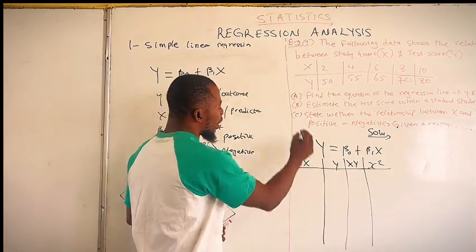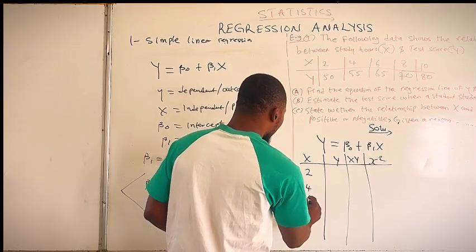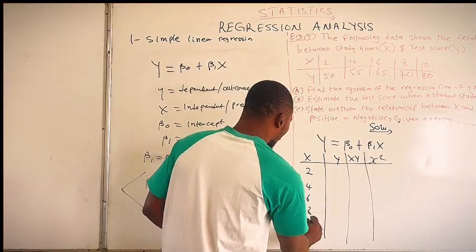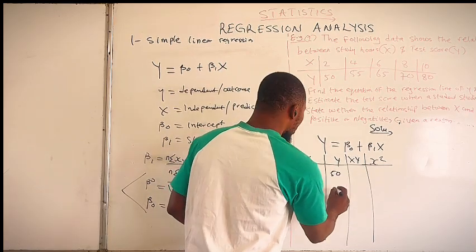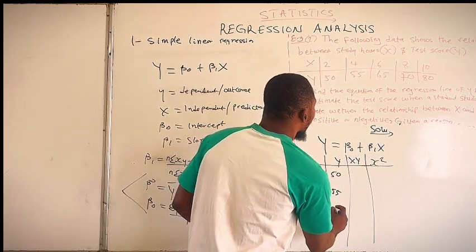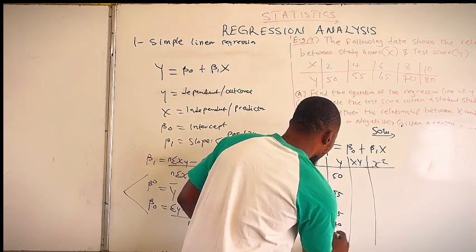From the question, our x values are 2, 4, 6, 8, and 10, whereas our y values are 50, 55, 65, 70, and 80.